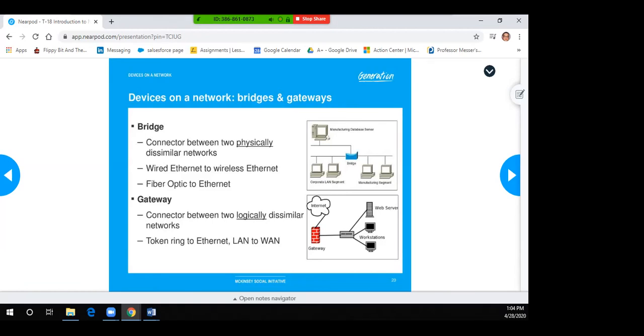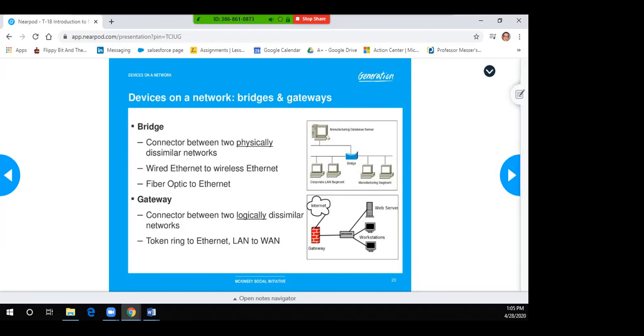The gateway will help you connect those dissimilar types of networks, the way they communicate, the language that they're speaking in. The bridge is going to get the physical layer. You can think of this one as the MAC, or layer 2, as logical, and over here, this is the physical layer. So it gets wired to wireless Ethernet, fiber optic to Ethernet physically, anything that is dissimilar within those. That's the variance between the two. Did that help out a little?